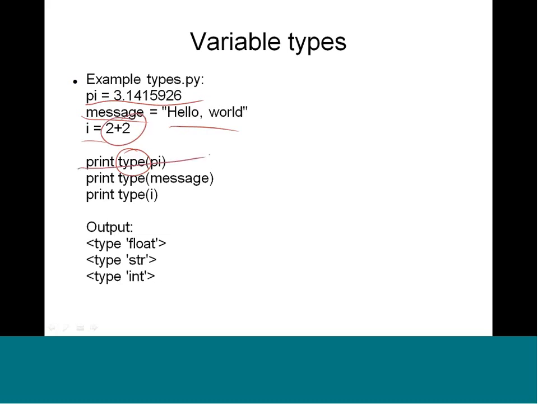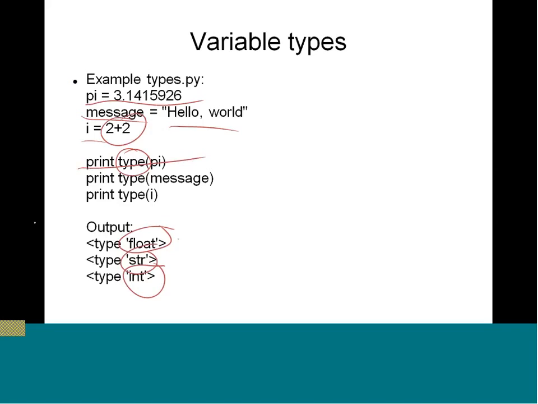Now if you ask Python to print the type of pi, type of message, and type of i, you get these outputs. The first one is a floating point number, the second one is a string, and the third one is an integer. So it does recognize all the types. It's intelligent enough to figure out how to apply those types, and also when to apply what type. So that's a very powerful concept.